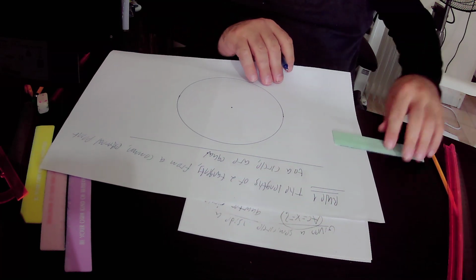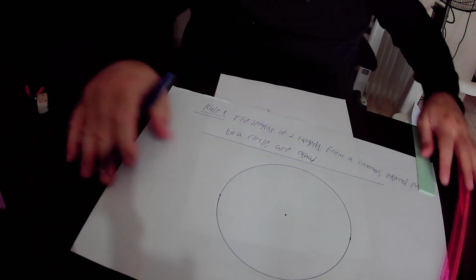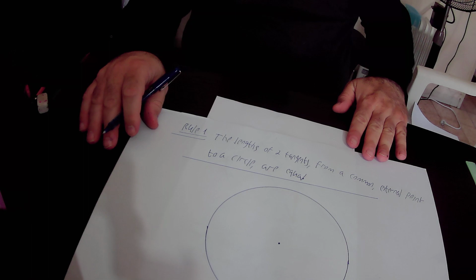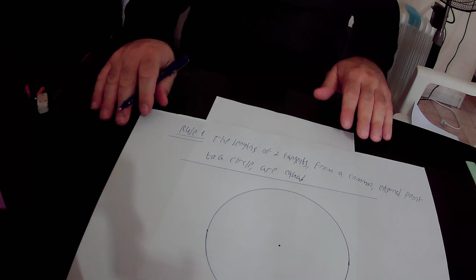I read rule number 1 again. According to rule number 1, the lengths of two tangents from a common external point to a circle are equal.